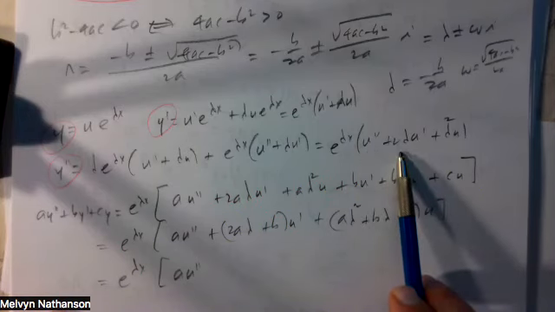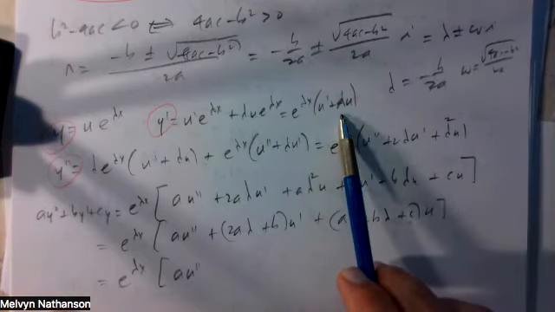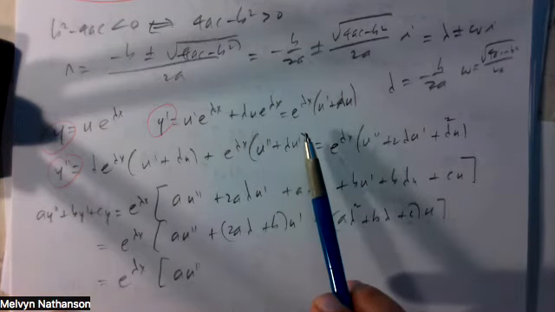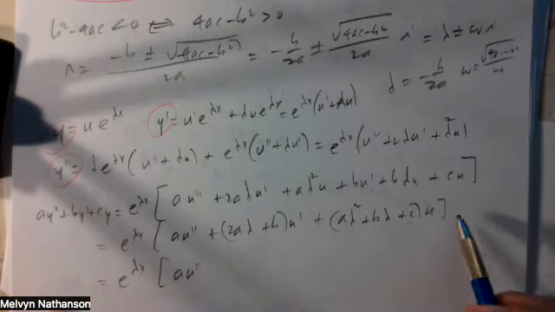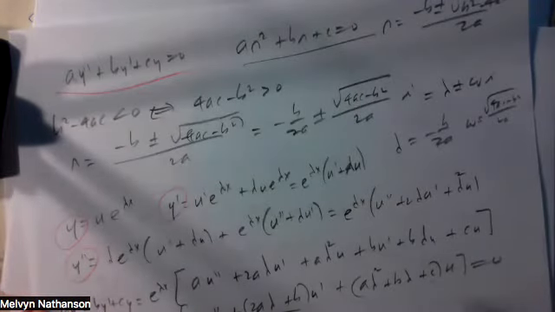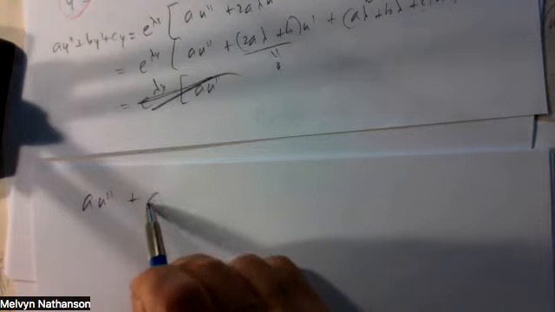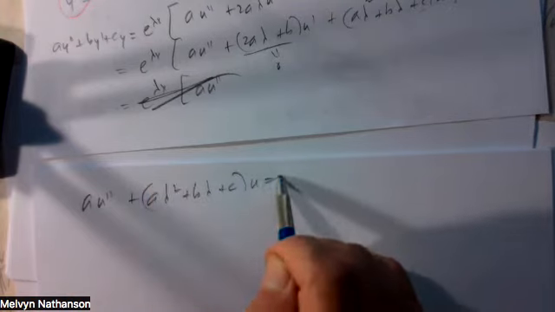U double prime plus 2 lambda u prime plus lambda squared u, plus lambda u prime plus lambda u. So this is exactly correct. This is all supposed to equal 0, so I can drop the e to the lambda x. What I get is A u double prime plus A lambda squared plus B lambda plus C times u equals 0.